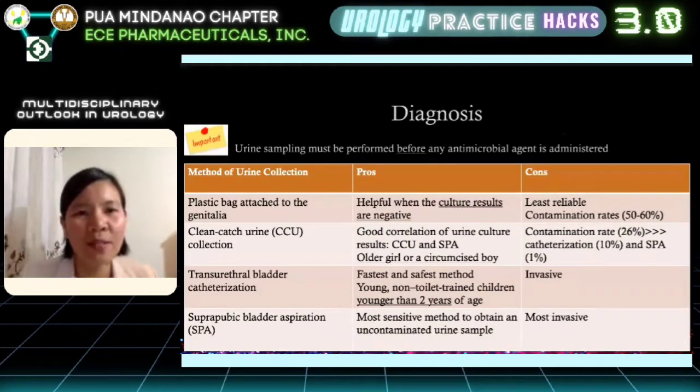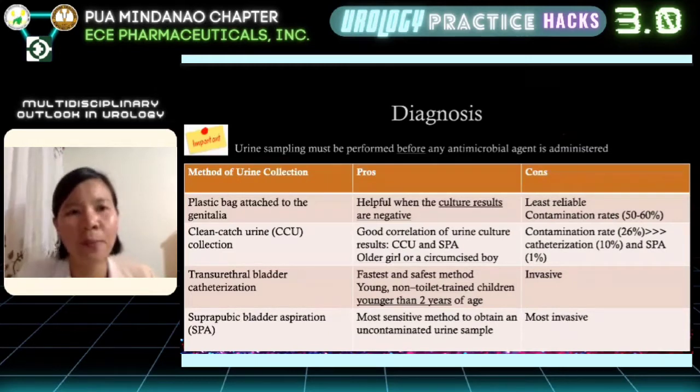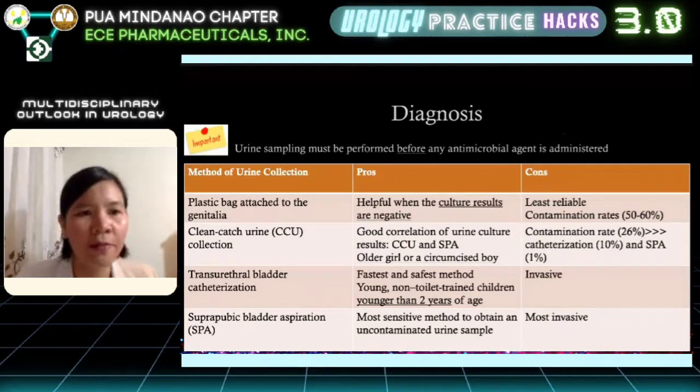Before administering any antibiotics for this patient, a urine sample must be obtained. So there are 4 methods of urine collection, and the more invasive the urine collection is, the less the possible contamination. So when do we recommend proper urine collection?